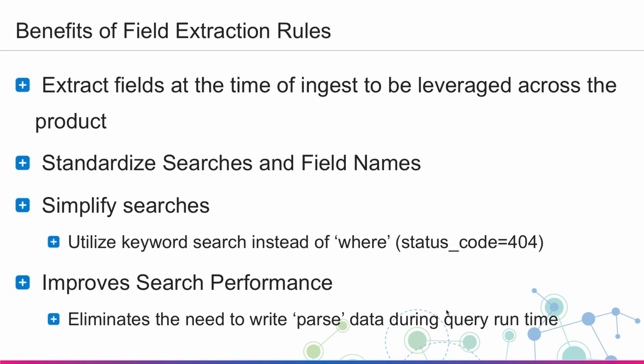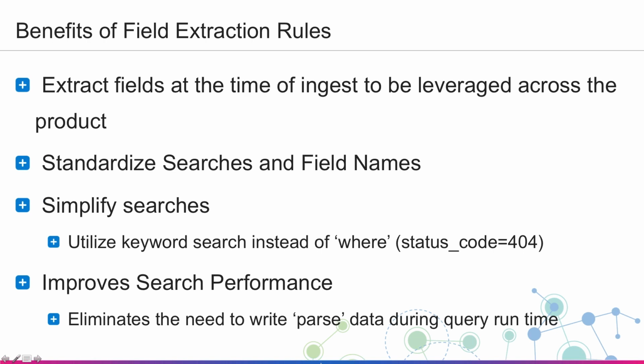All right, so let's talk about field extraction rules first because this is the first thing that gets applied. As noted, at the time of ingest, the fields are extracted and can then be leveraged across the product. Another benefit is that it allows for standardization of searches and field names.